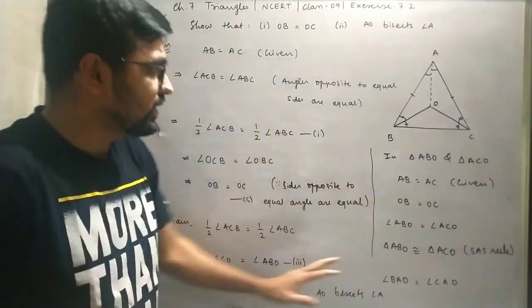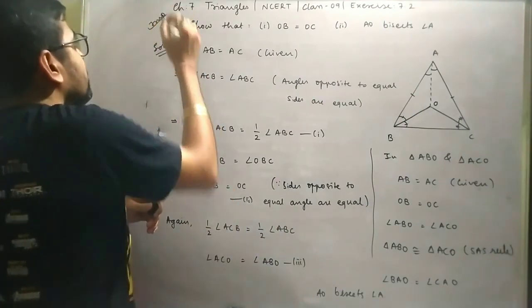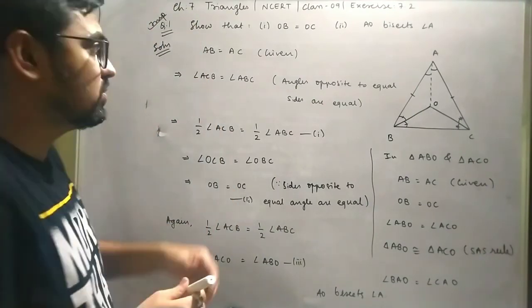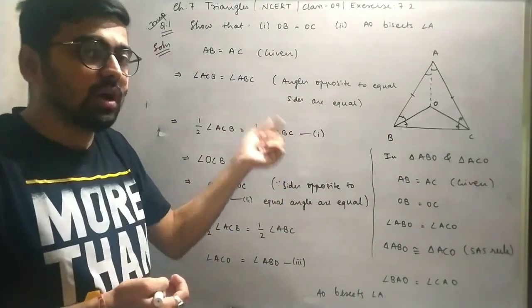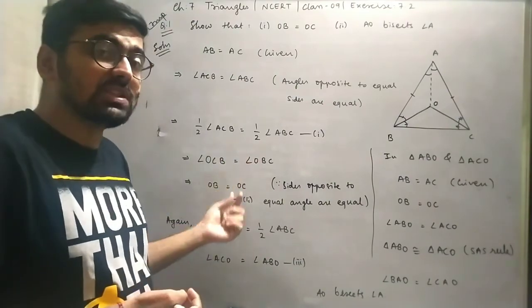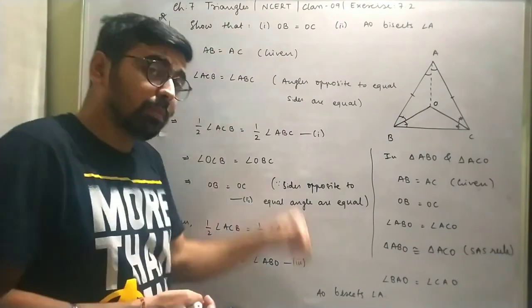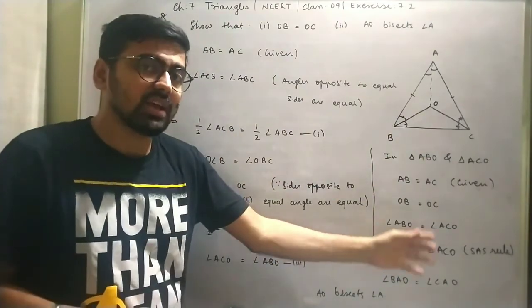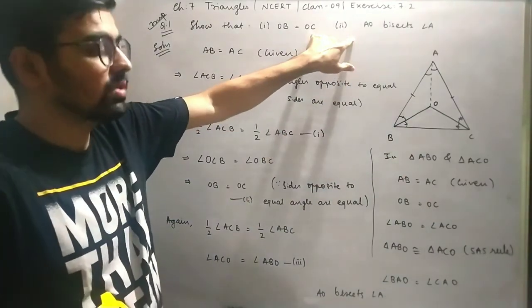So this is how we are supposed to solve, and I told you this particular question is very important because in this question we are utilizing both theorems, correct. When the sides are equal, opposite angles are equal. When angles are equal, their opposite sides are equal. So both of the theorems are utilized, plus we took the help of the SAS criteria rule, and that's how we proved these two things.